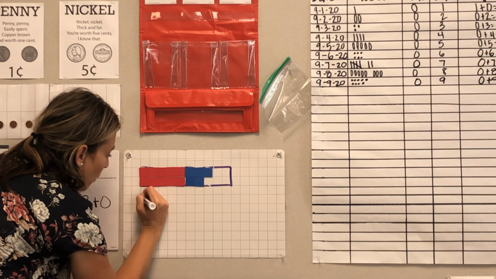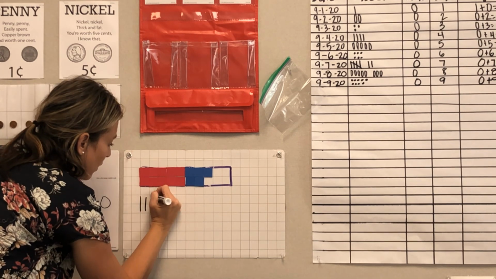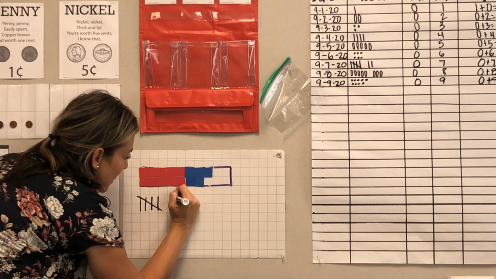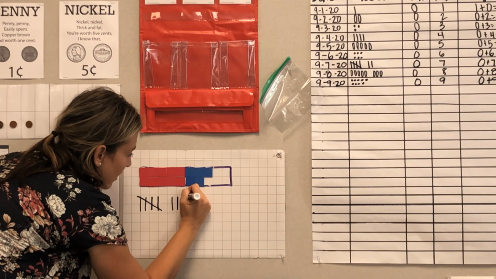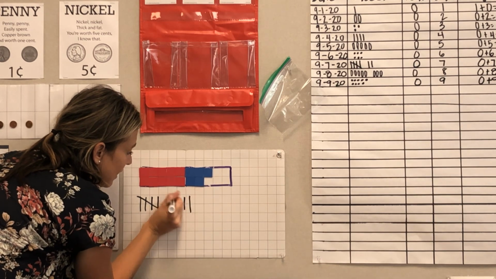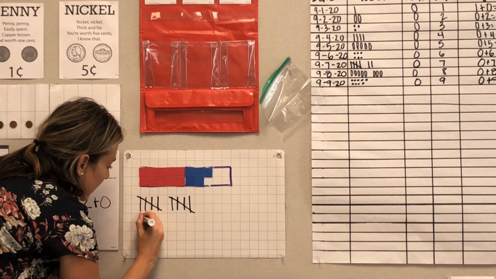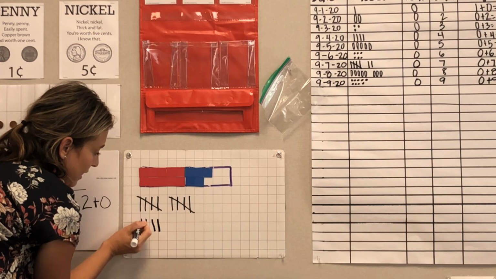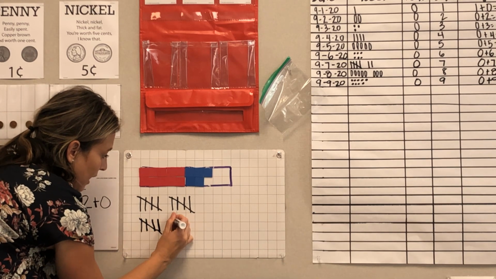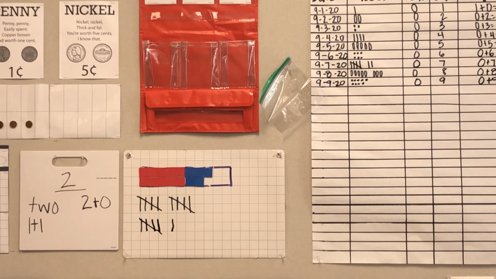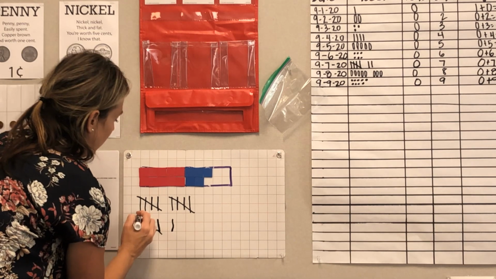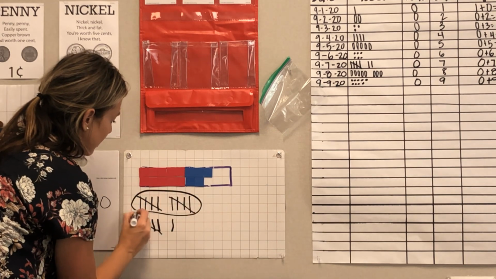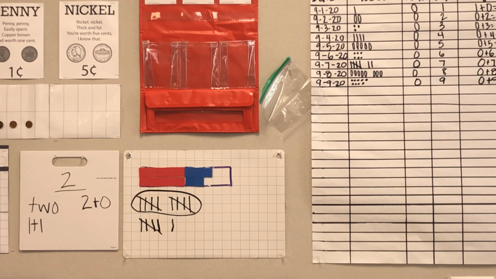Ready? 1, 2, 3, 4, 5, 6, 7, 8, 9, 10, 11, 12, 13, 14, 15, and one more makes 16. Now on the calendar card, it had the group of 10 circled. So I'm going to circle that for us.